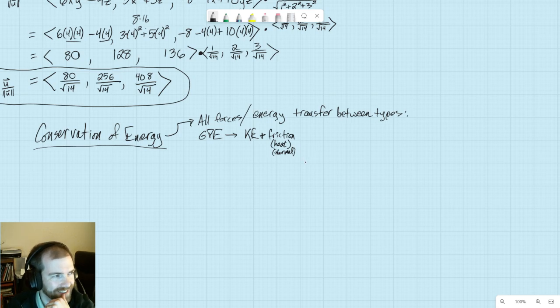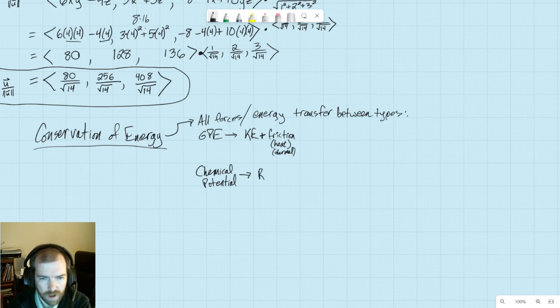Oh, sure. So gravitational potential energy will convert into kinetic energy and friction or thermal energy. You've got chemical potential, which will convert into reagents and reactants.